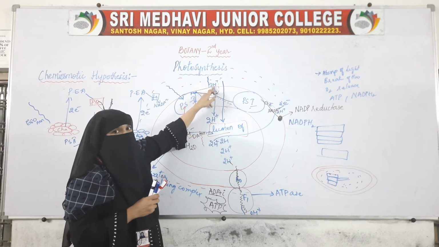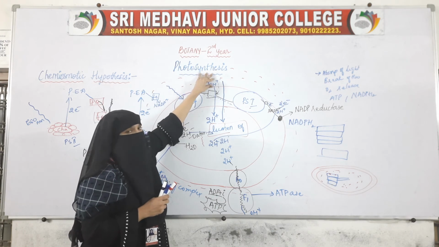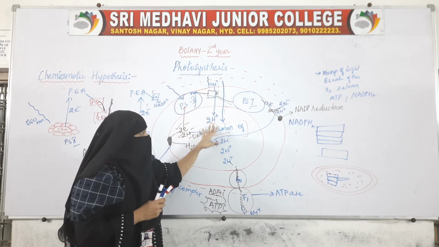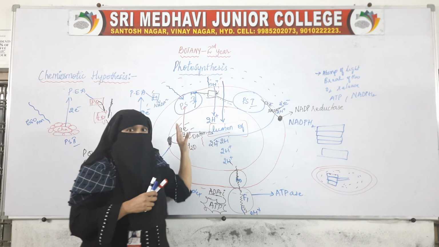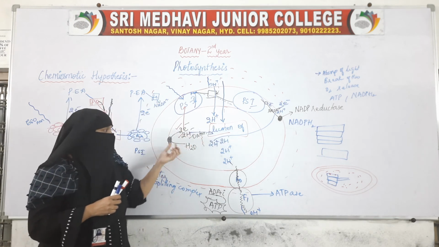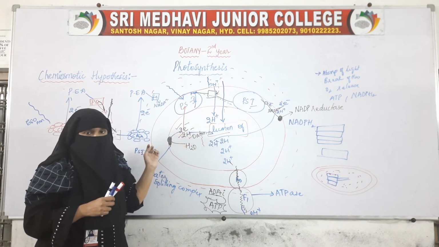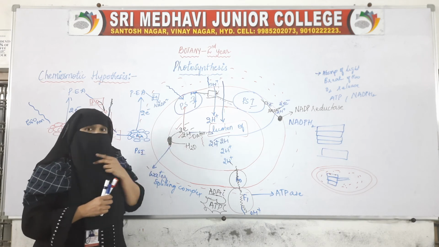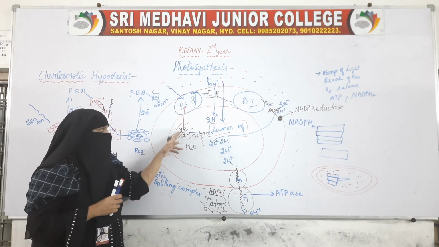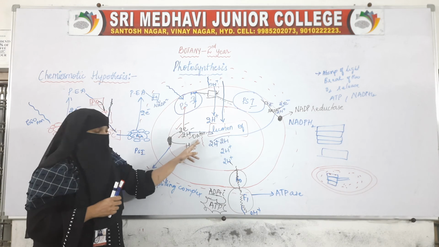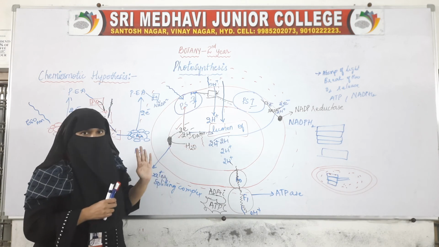With the help of this energy, protons from the stroma have been pumped into the lumen, and one more thing which happened was breaking of the water molecule. When the water molecule was broken down, it gave rise to electrons, protons and oxygen. Oxygen will be released in the lumen.